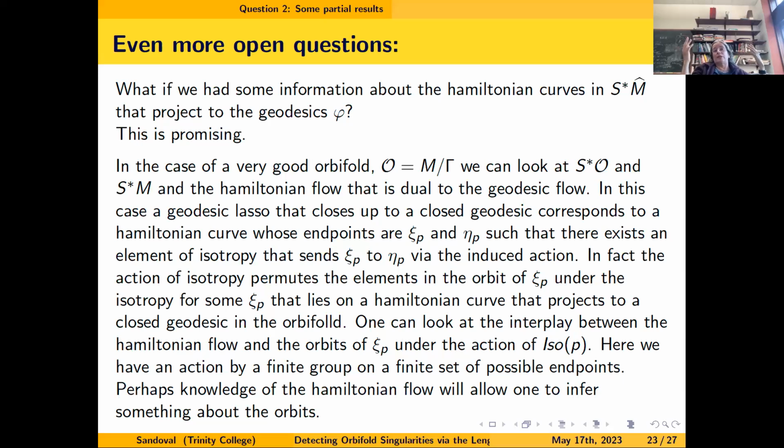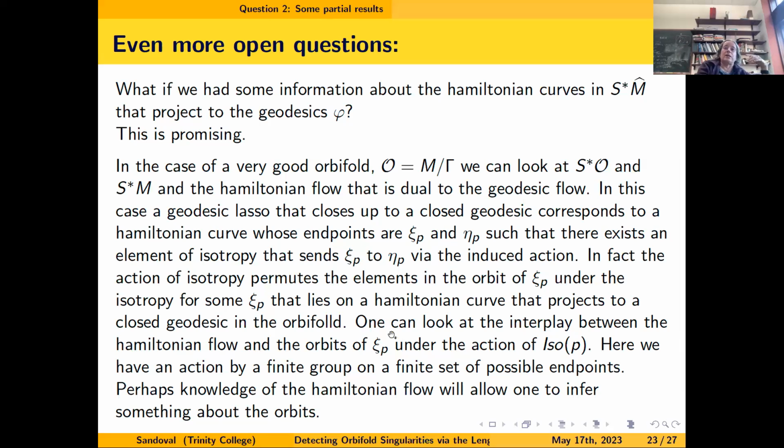It might be possible in some cases to assume that if, say, the isotropy were of prime order or something like that, the stabilizers are trivial, in which case we would at least have another divisor of the size of the isotropy.